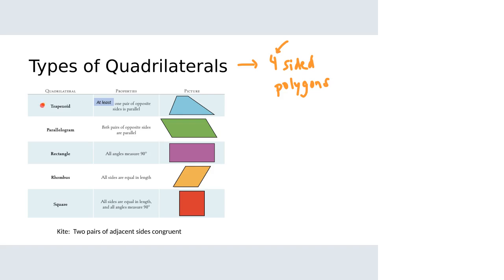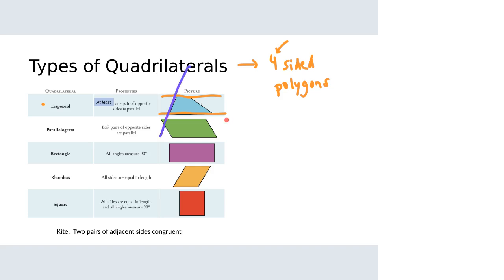A trapezoid. A trapezoid has at least one pair of opposite sides that are parallel to each other. If we look at this figure over here on the right, we can see that the top and the bottom are parallel to each other. That's all it takes to qualify this as a trapezoid, at least one pair of opposite sides are parallel, and the top and bottom are opposite.